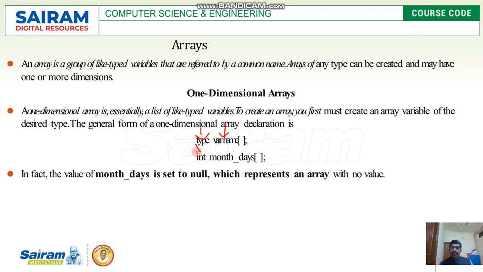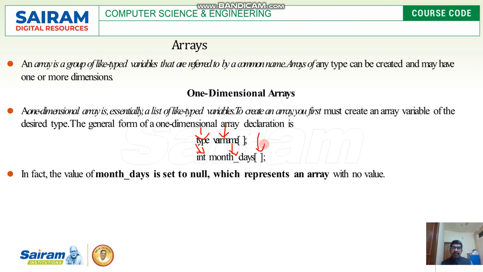For example, if you take the next line where you can find the type as integer, and the array name is going to be month_days. This is a name which I gave for my array, and this is the square bracket. Normally we don't mention any size for this. And please do remember, this is only array declaration.